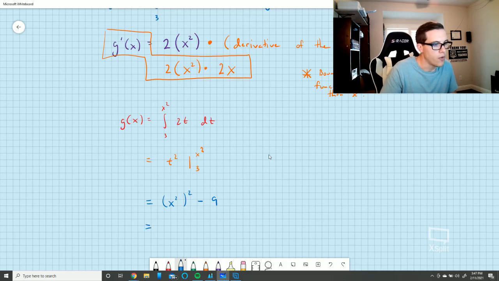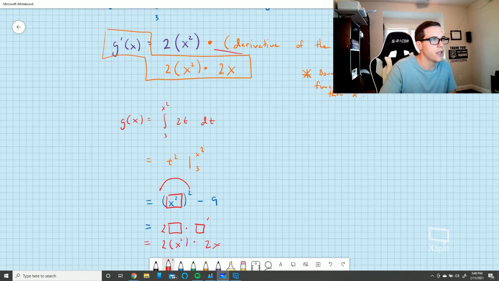And then take the derivative. Yes, we could simplify it, but I think it's easier not to simplify it so you can see what's going on. Now take the derivative. Well, it's a chain rule, right? The derivative is 2 box times the derivative of the box. So 2 times x squared times 2x, which is exactly what I got up here.